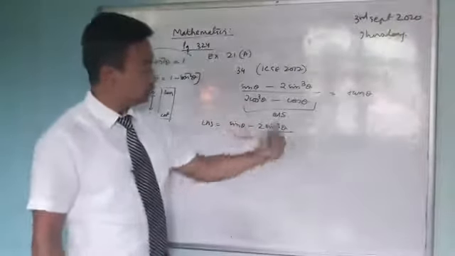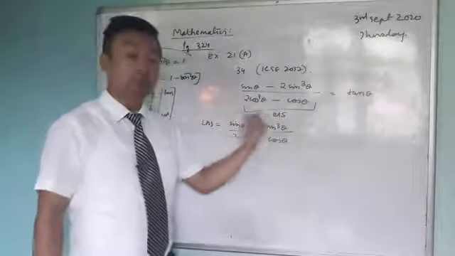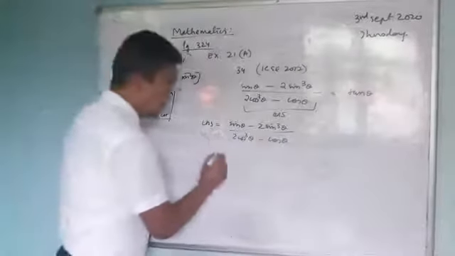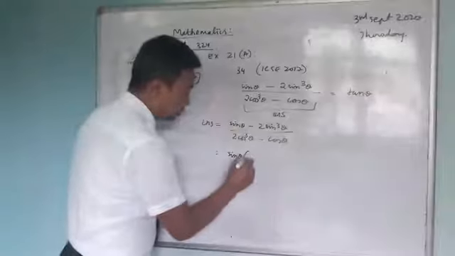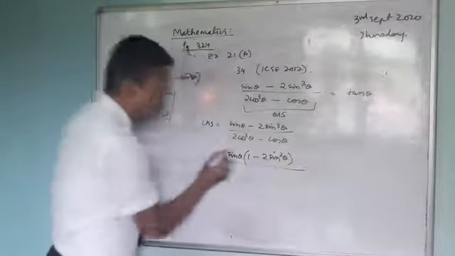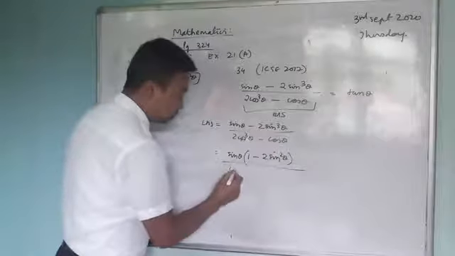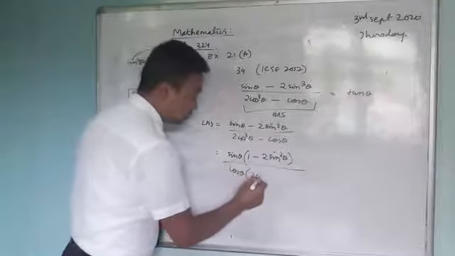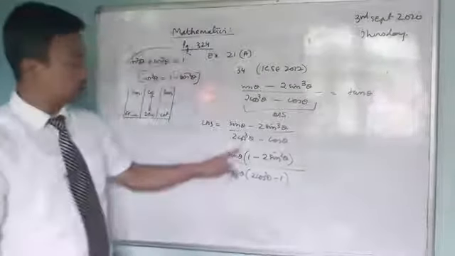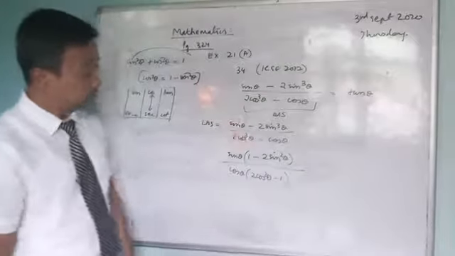Look at the numerator, there are 2 terms. In both the terms, do you see something common? That is sine theta. So take that common. Then in the denominator, cos theta is common. So take that common. I hope you have understood this, taking the common.